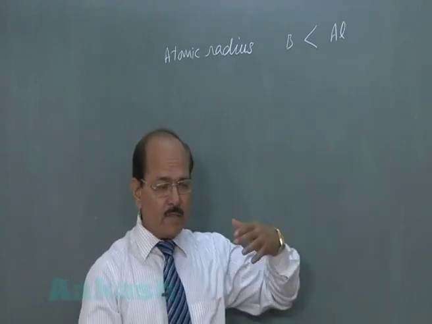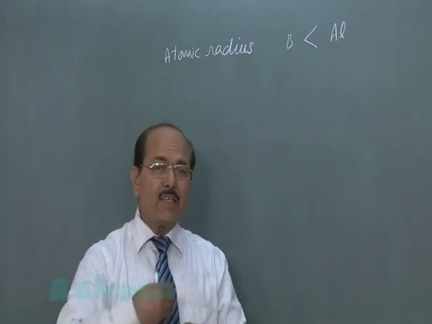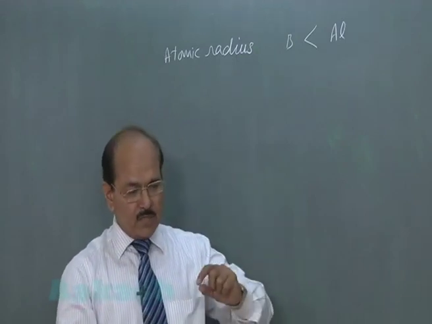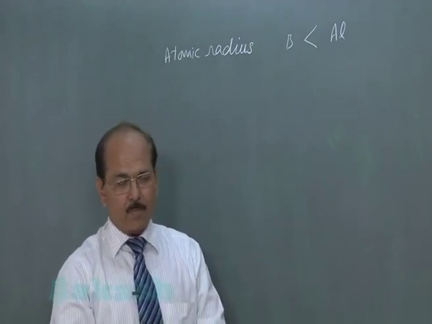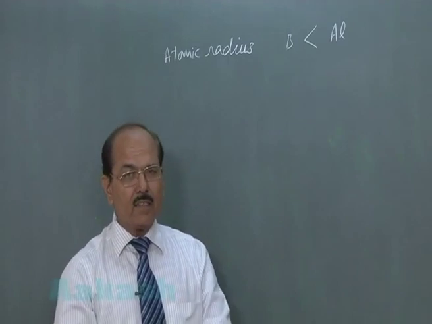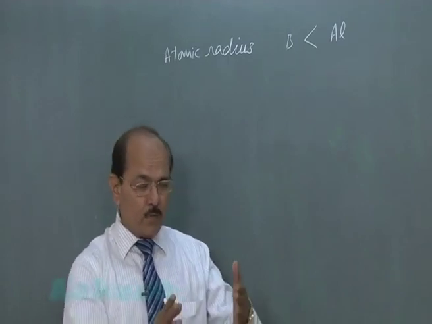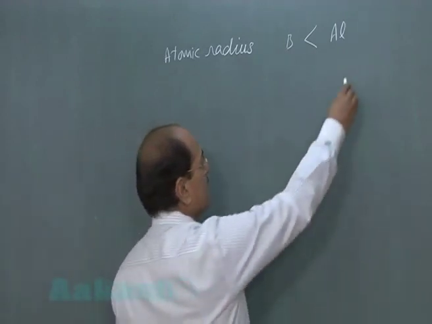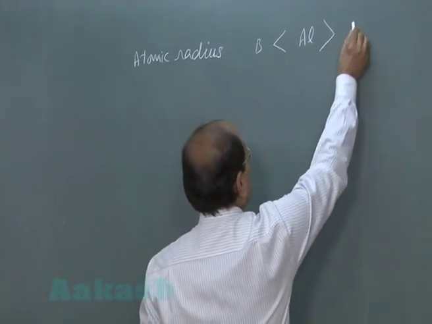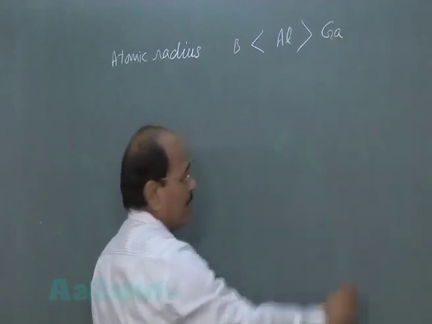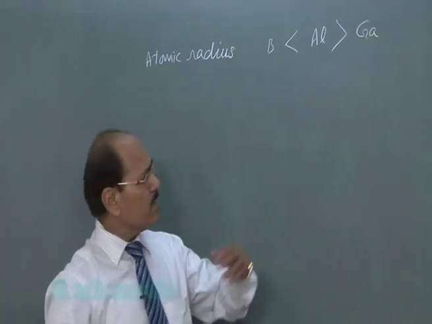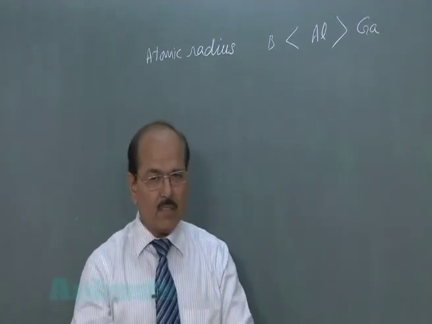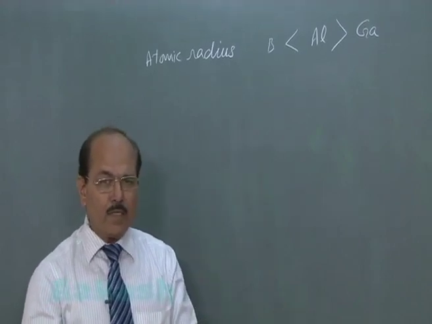So, instead of the atomic radius increasing because one more shell has been added, there is in fact a decrease in atomic radius, and that is observed only in group 13. The atomic radius of aluminium is greater than that of gallium. There is a marginal decrease in the atomic radius as we move from aluminium to gallium.